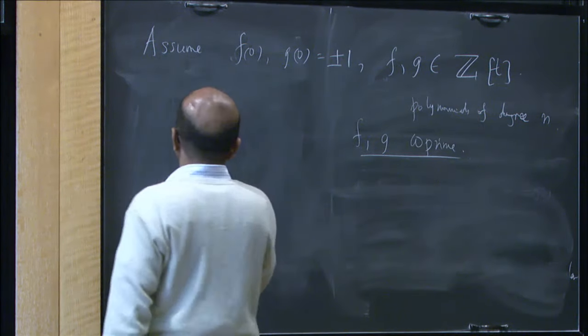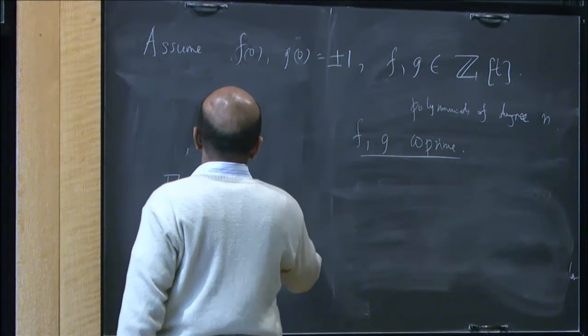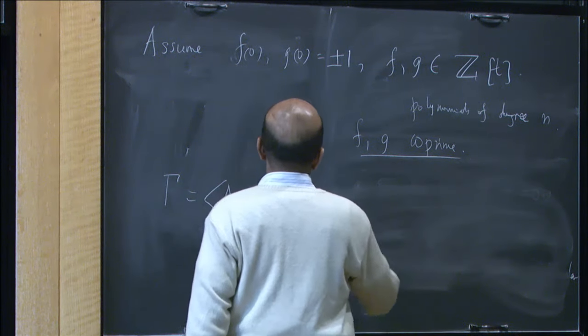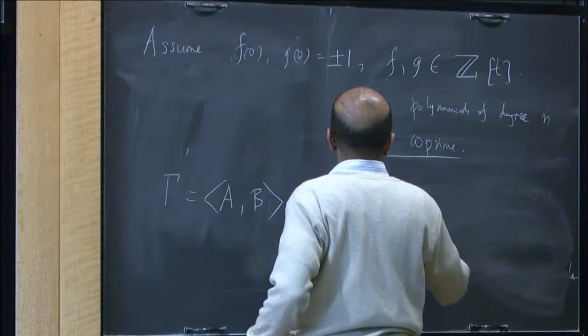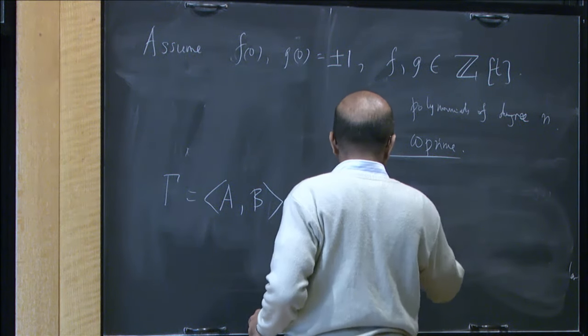So the group generated by this A and B is now a subgroup of GL_n(Z).